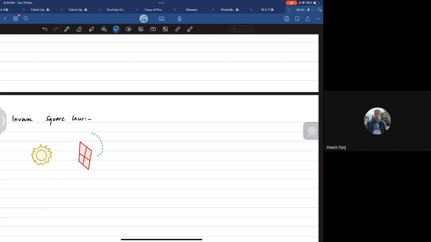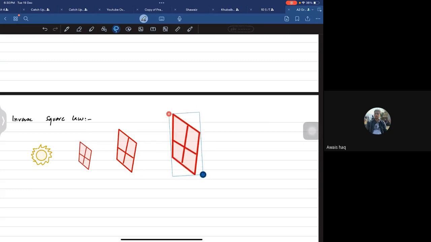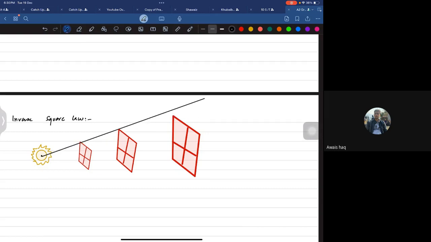Wait a second, let me make three sizes of it. Okay, so this light from a single point from the core is basically moving like this. Oh, I should have known better.